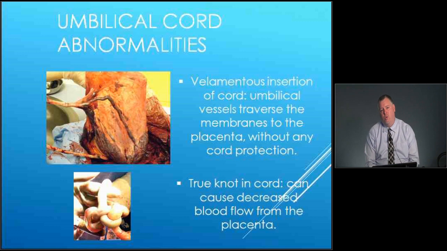A true knot in the cord, and you see in that picture how the cord gets wrapped around itself, could cause a decrease in blood flow from the placenta. Like any knot, if the baby's moving around and tightens that knot, it's going to increase the pressure on those umbilical vessels, and it's not going to allow blood flow to occur normally.